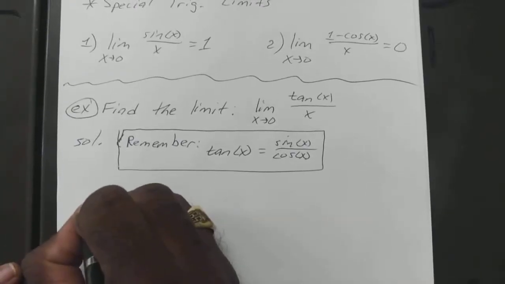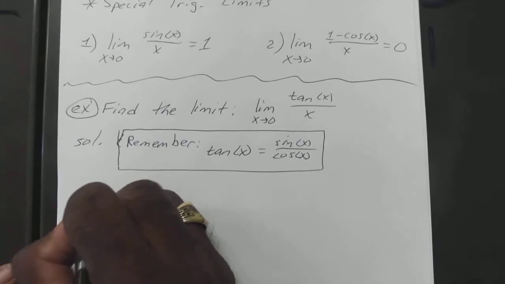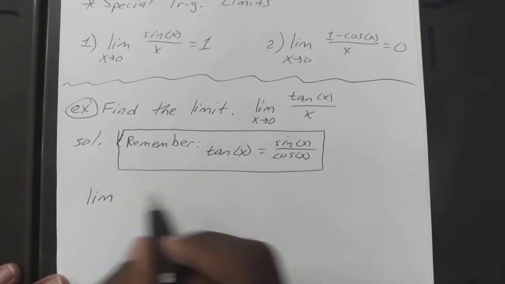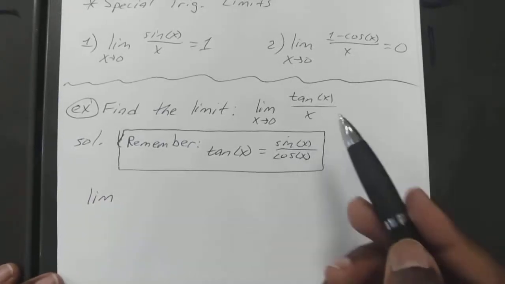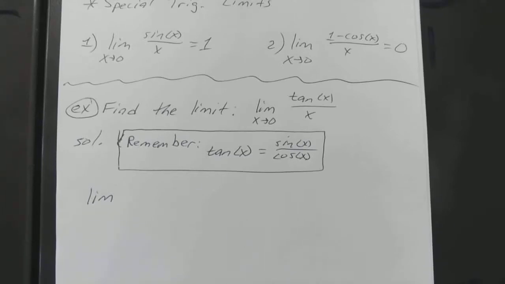Okay, so if we decide to make it the limit, and instead of tangent x over x, we'll make it tangent x over 1 times 1 over x. Just separate it a little bit.